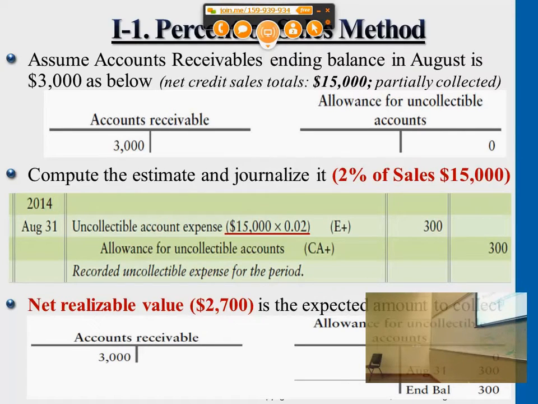So altogether, we expect a high likelihood that $300 of these accounts receivable will not be collected. So of the $3,000 accounts receivable, the balance sheet would also list $300 right below it. Overall, the value of accounts receivable that we expect to get on time is $2,700.